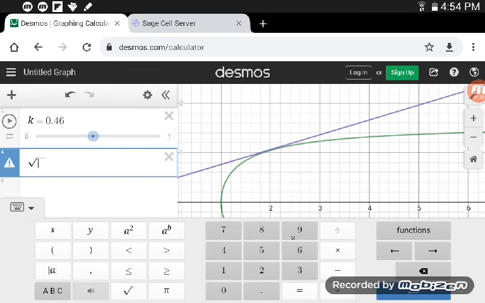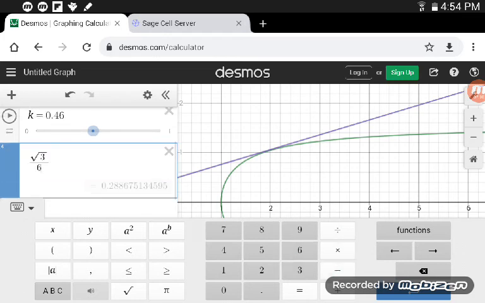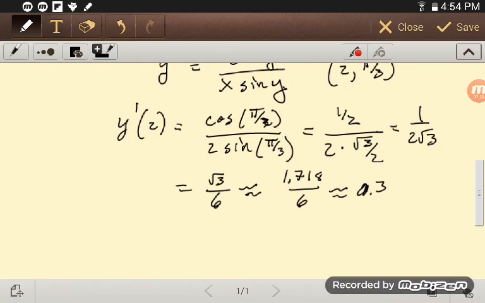Square root of 3, now I think we need to get out of there, and then divided by 6. 0.2886, so about 0.289, pretty darn close to 0.3. So we did all right in our estimation. Okay, and I think that does it then for problem number 28.